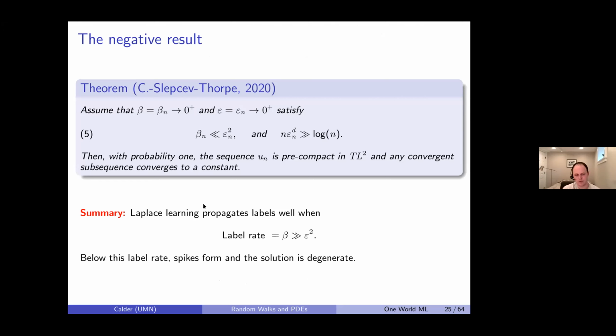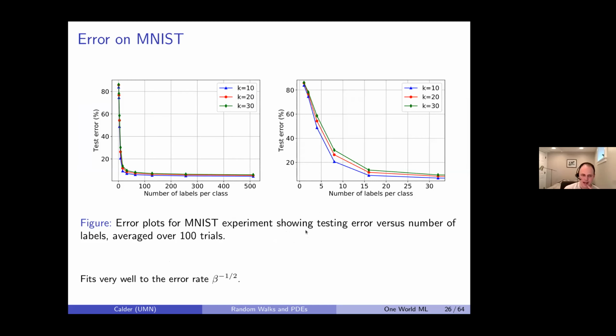So this tells you, okay, if you want to use Laplacian learning, you should use it in a condition where the label rate is at least bigger than epsilon squared, and you should be somewhat guaranteed to get reasonable results. This does hold up pretty well in practice. We tested this on MNIST, and we compared the test error to the number of labels in each class.